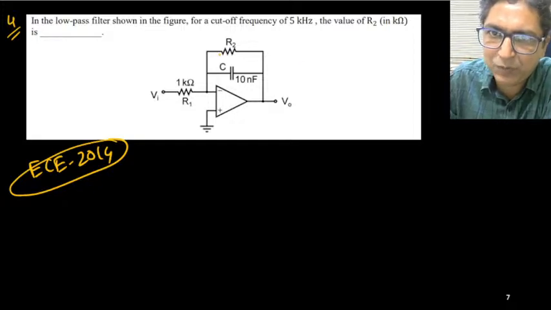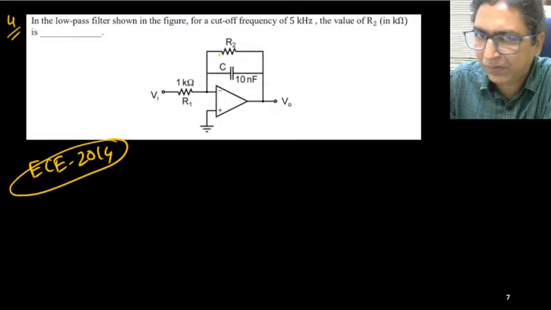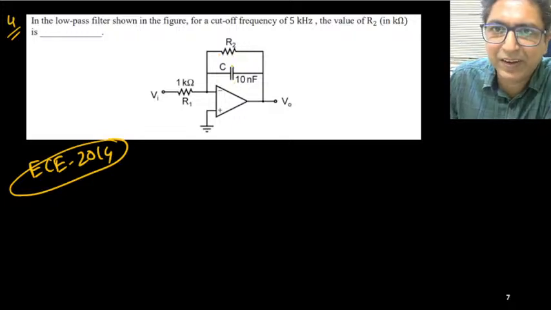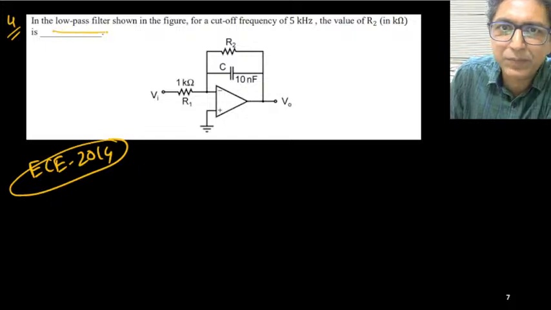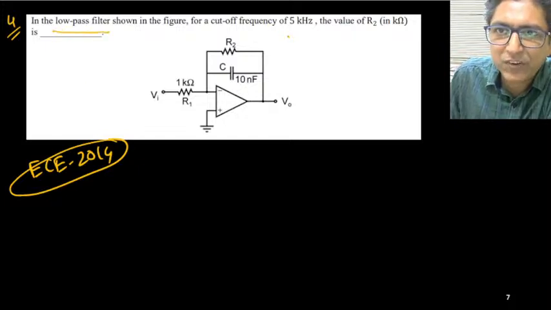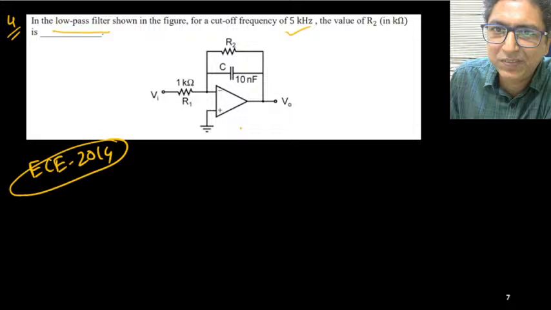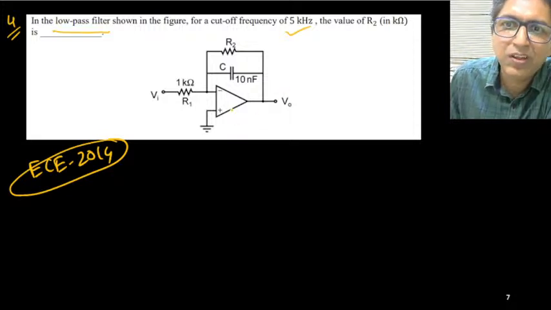It is obviously a low pass filter, because R and C are connected in the feedback path, and this is only the R1. So it is a low pass filter, it is already mentioned here. Its cutoff frequency is 5 kHz. Now we need to find out the expression for R2.